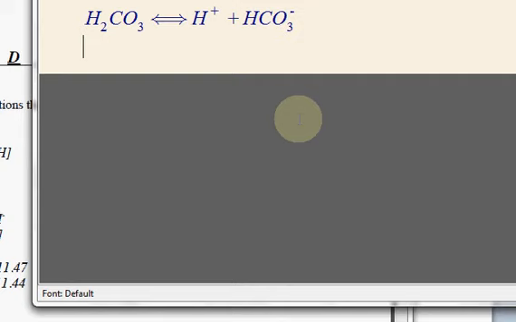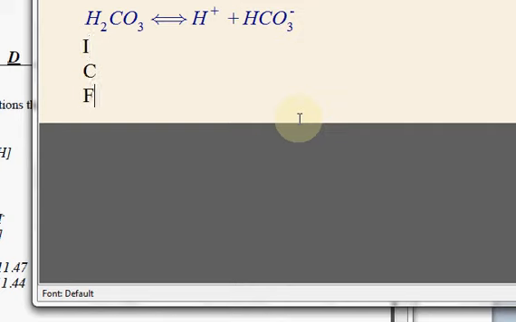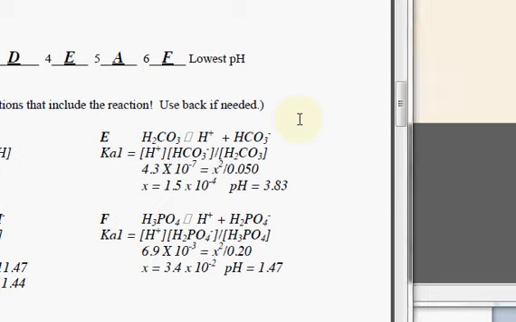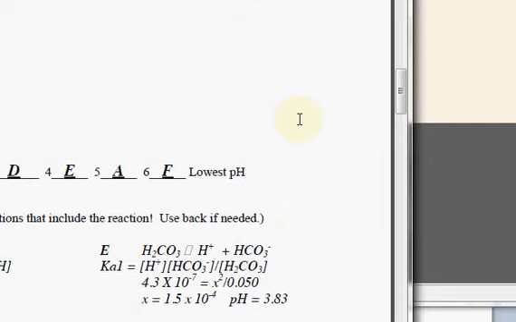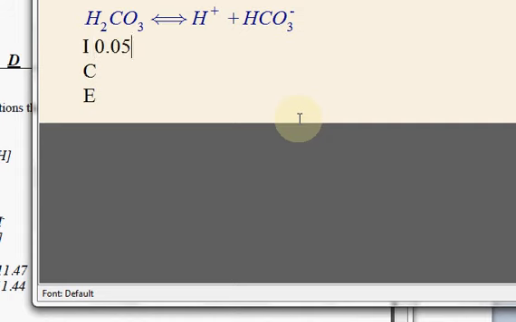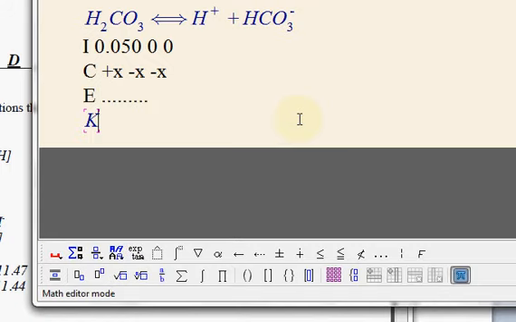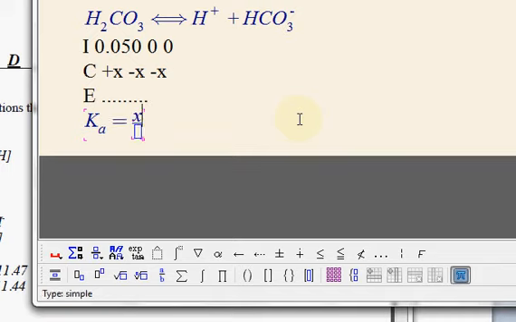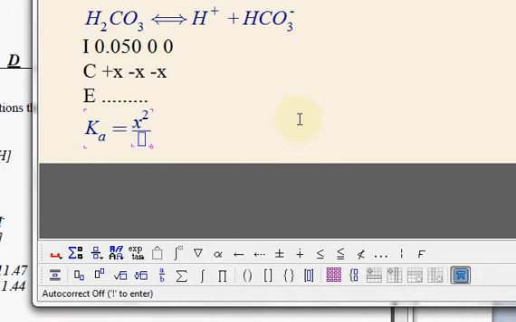And we use Ka1. I'll go ahead and write out the ICE table formally. Initial is whatever it is, 0.05, and 0 of the others, change plus x minus x minus x, etc. You do the usual Ka equals fraction x squared over 0.050 minus x.